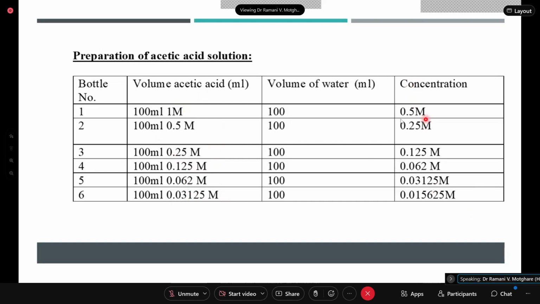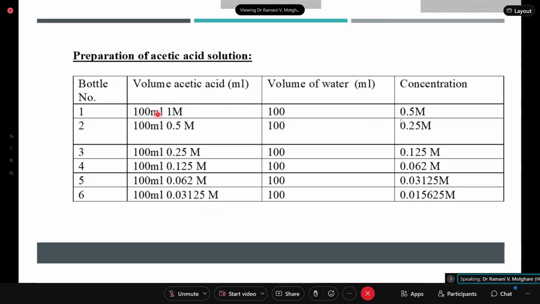So an approximate concentration is something like this. Approximate concentration, volume of acetic acid in ml, volume of water. Here dilution is given. Okay, this is the dilution.